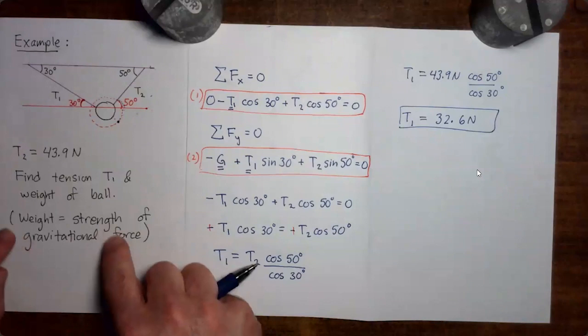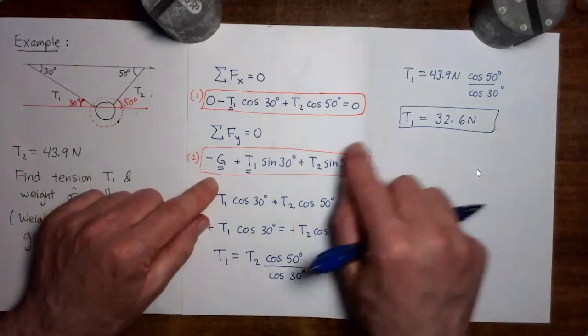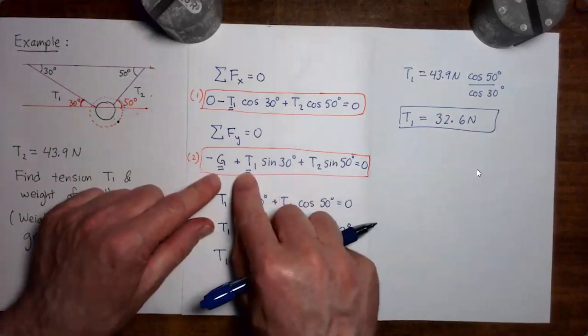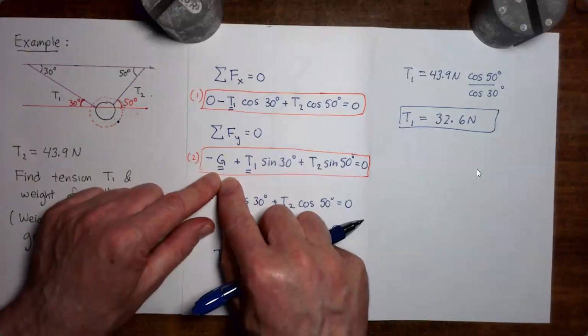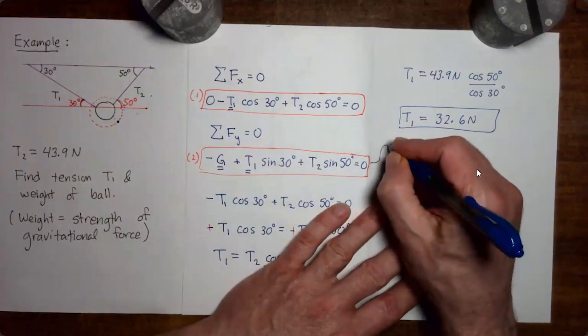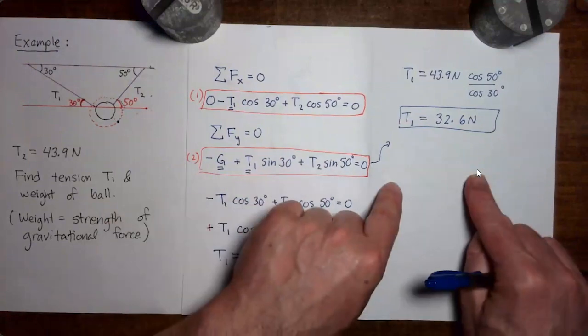The other thing we were looking for was the strength of the gravitational force. Now that we know tension 1, equation 2 here only has a single unknown, namely the gravitational force. So I'm going to just copy equation 2 over here. Actually, as I do this, let me put in a bit of algebra. I'm going to take these two tension terms and move them to the right.